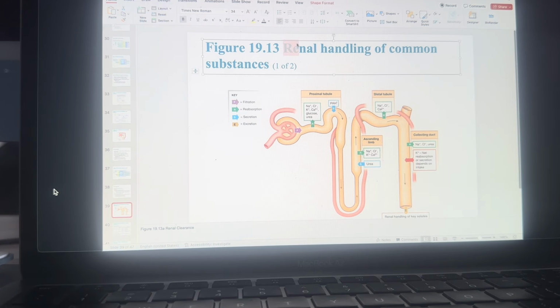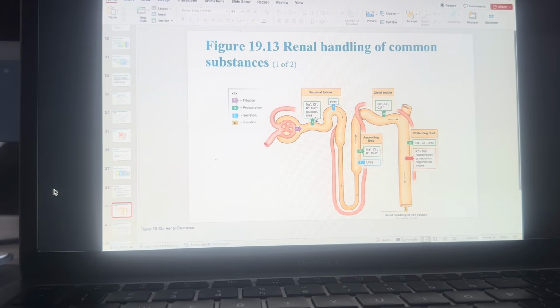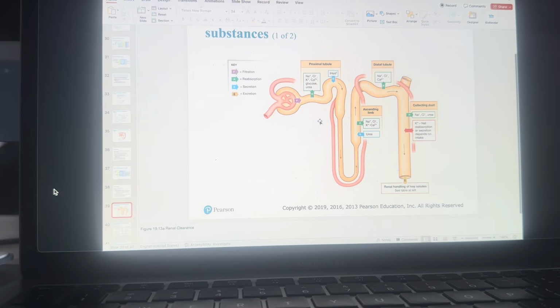And lastly, here's a snapshot showing how your kidneys handle certain substances and where they are reabsorbed or secreted. So in the proximal tubule, you're mostly reabsorbing salts, ions, and glucose. And then in the ascending loop, you're reabsorbing these salts, but then you're secreting out urea, which is a metabolic waste.